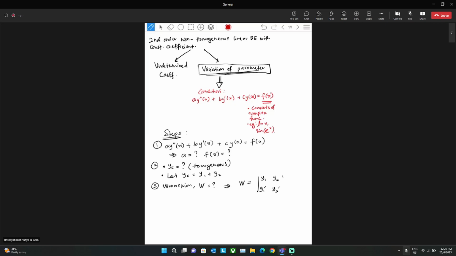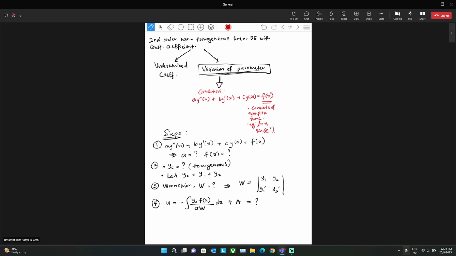And then number 4, u equal to negative integration of y2 multiplied by your f(x) just now over a multiplied by W, which is the Wronskian, dx, and then plus a. So what is the value of your u?